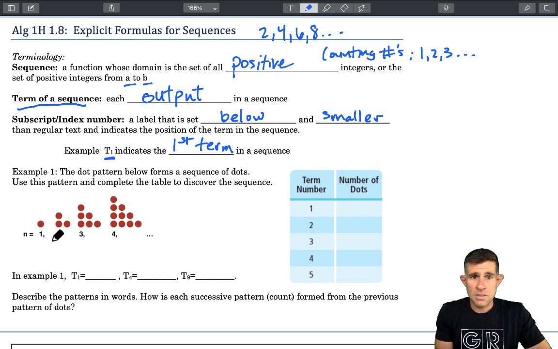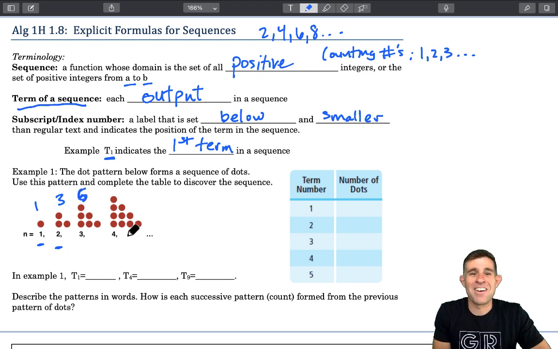All right, so here is a pattern of dots, and you can see that our first term value is 1, our second term value is 3, I'm going to write them out like here, our third term value is 6, and then our fourth term value is 10.